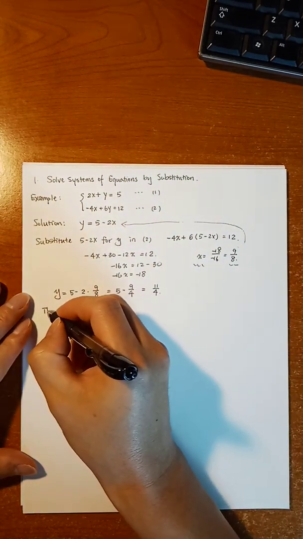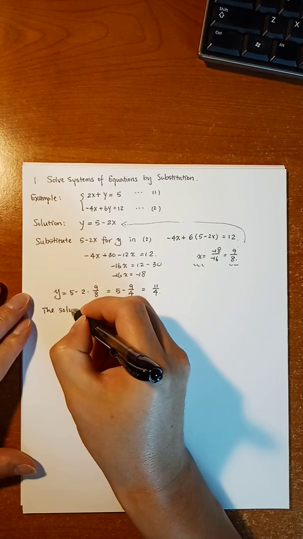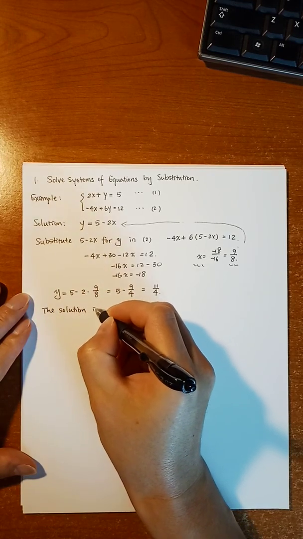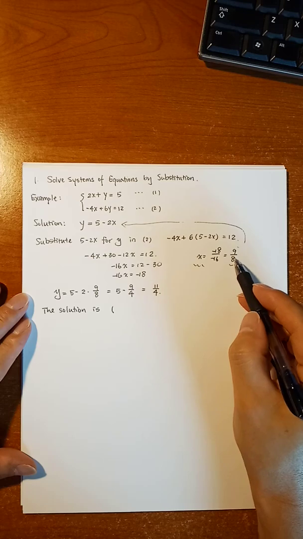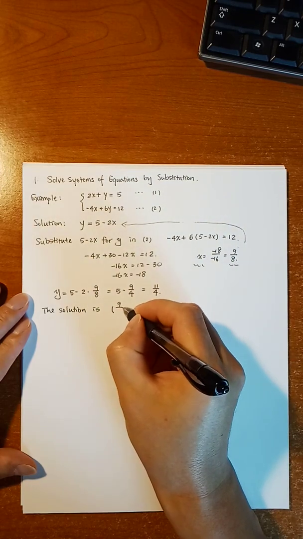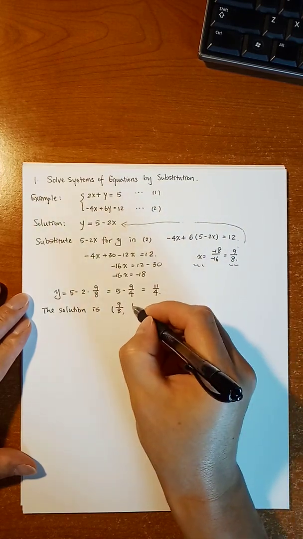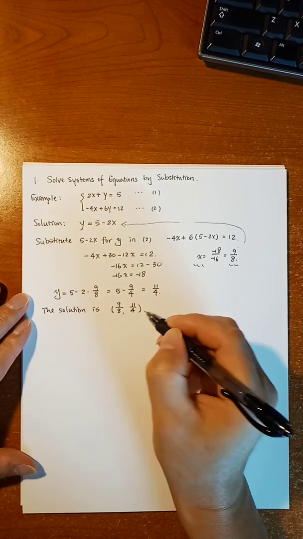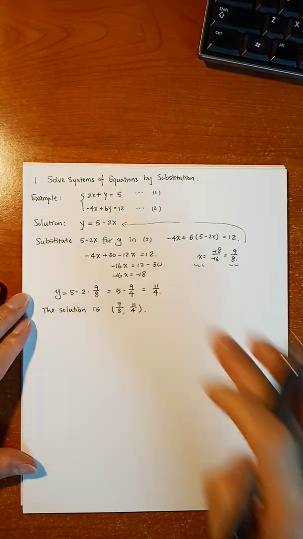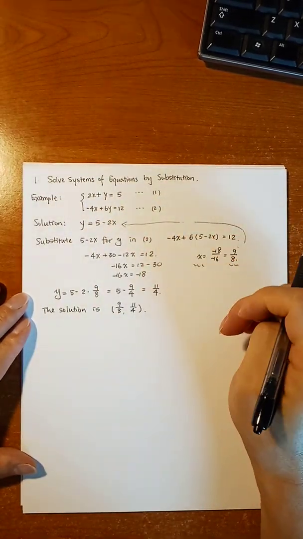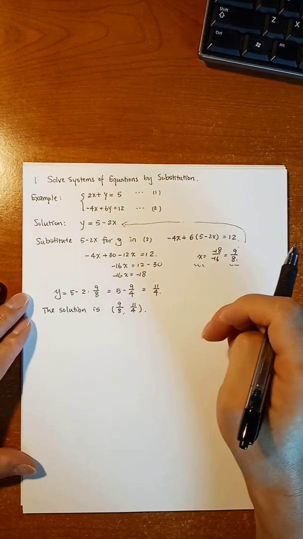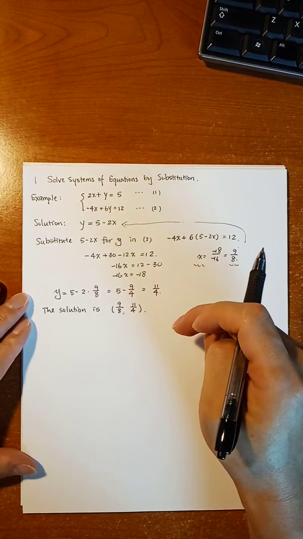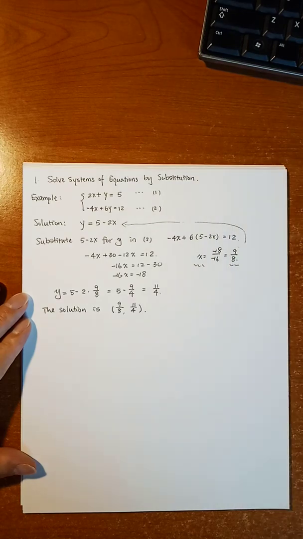So the solution is the ordered pair. First you copy x, and second you copy y. Since this solution comes from a complete computation, this system of equations has just one solution.